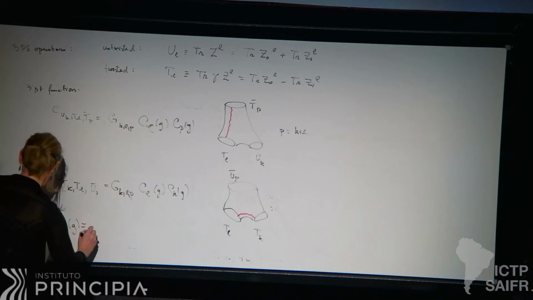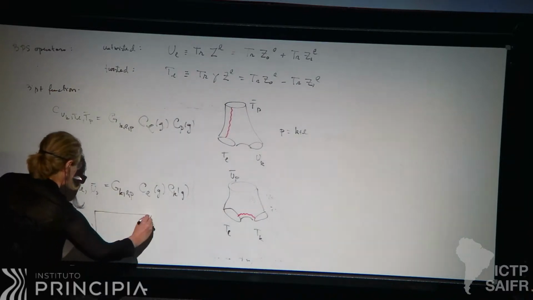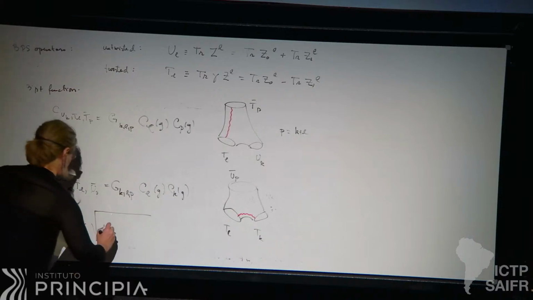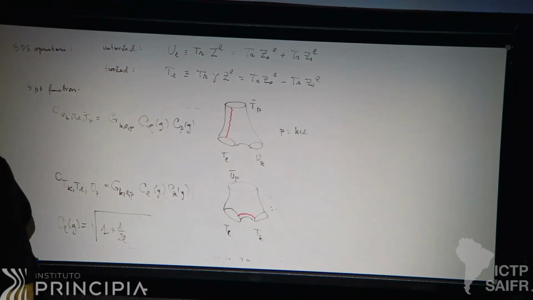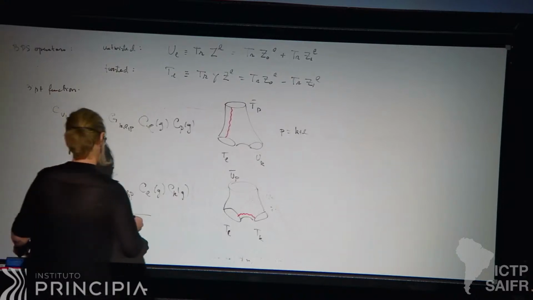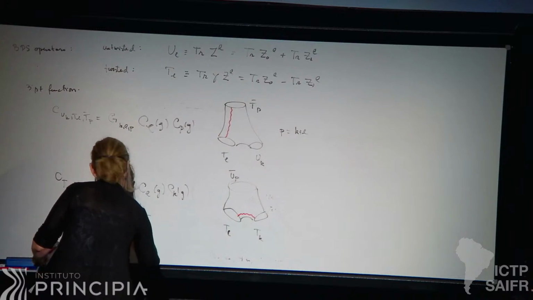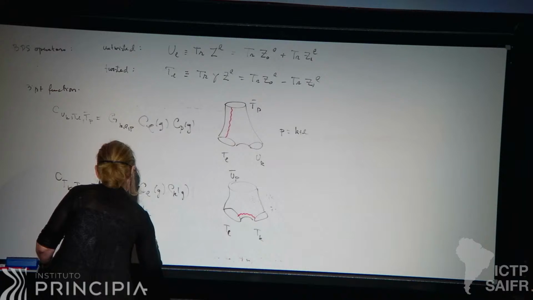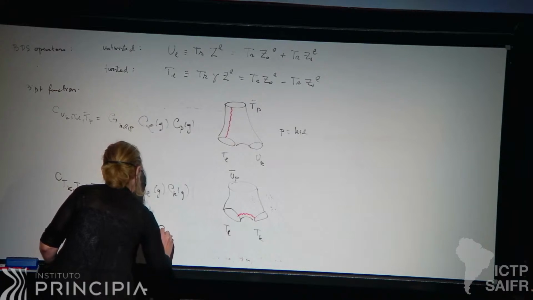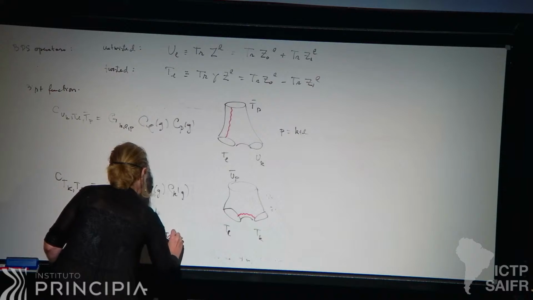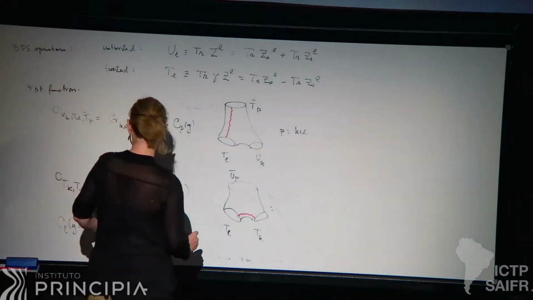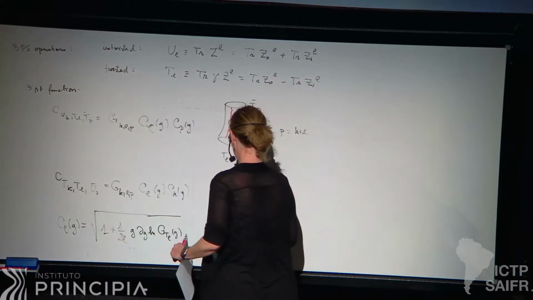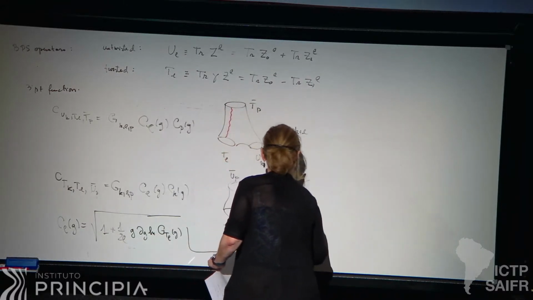And this function CL of G is given in terms of the 2-point function by this formula, 1 plus 1 over 2L, G dg log of G TL of G. I'll try to change the pen again.